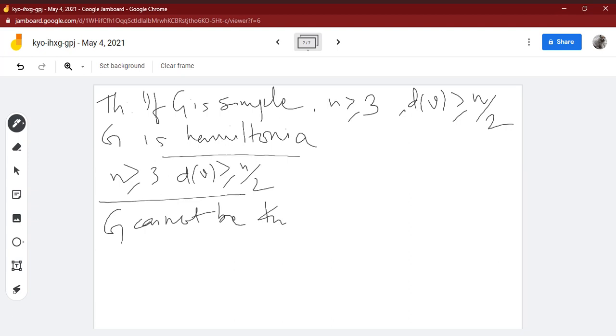So there are two non-adjacent vertices U and V. We draw U and V and join them. Since G is not Kn, there are non-adjacent vertices. So we draw an edge and write G plus UV. This is the supergraph of G obtained by introducing an edge from U to V.